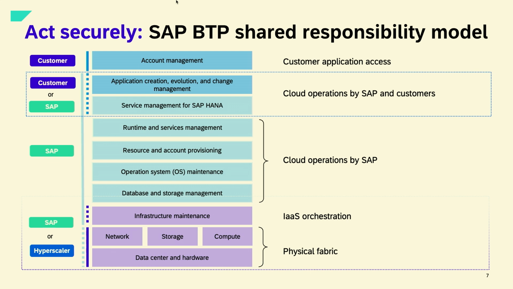But what is the customer's responsibility? We provide you a global account, but how you divide this up into sub-accounts and who gets which kind of access, how the resources are distributed, that is up to you as a customer, because we can't really make those decisions for you.